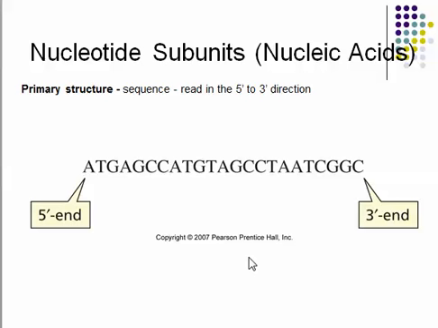Now, of course, if that's the primary sequence, then we need to kind of relate this primary sequence to a 3D shape because just writing it on a sheet of paper is not going to do us any good. We actually want to know what these things begin to look like in a 3D environment. What begins to go on? What kind of shape does it take? How does it interact with other things? And that's exactly what the next couple of slides will go through.